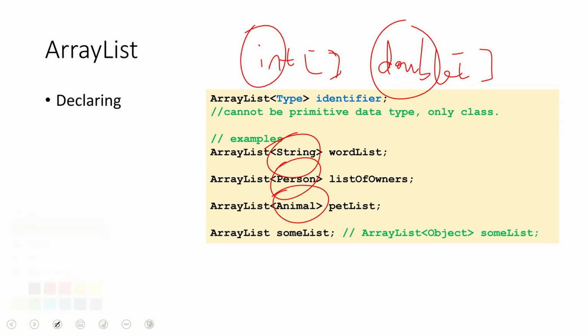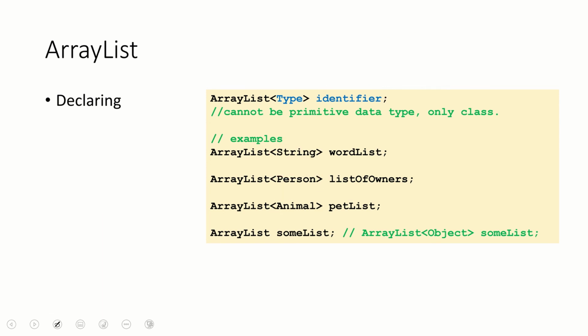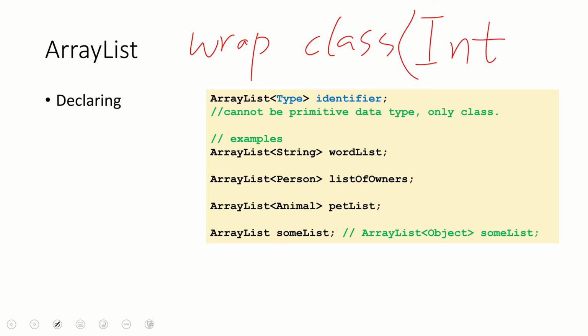So here you need to recall one of the very basic classes we talked about last semester, which is the wrapper class. For the wrapper class, we use the capitalized first letter, Integer. If we do this, this can be used in the ArrayList.